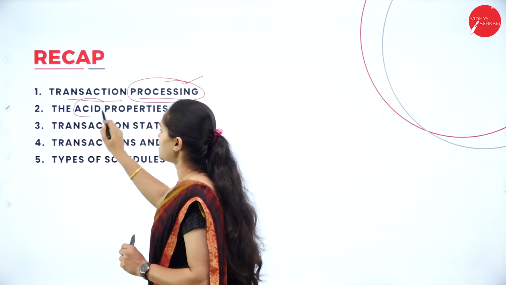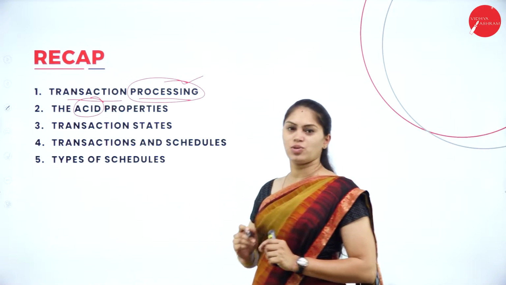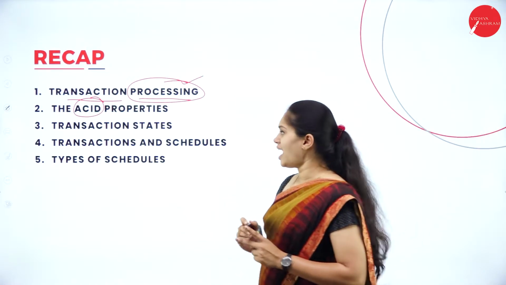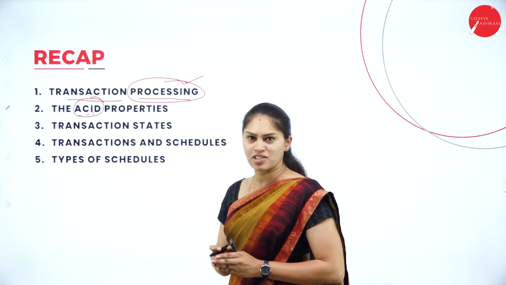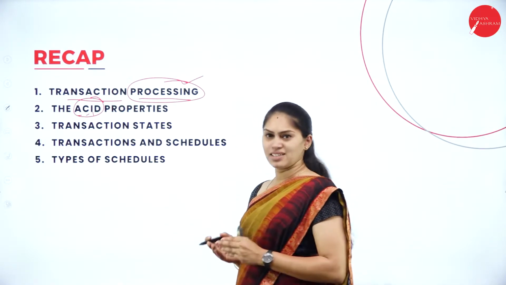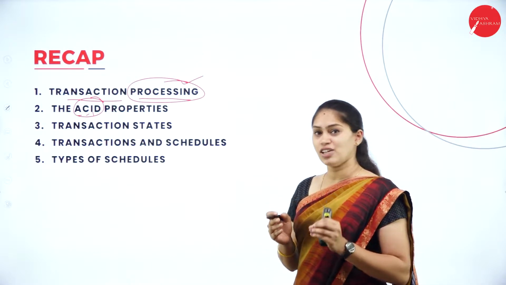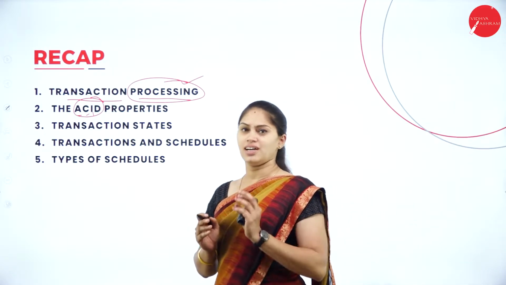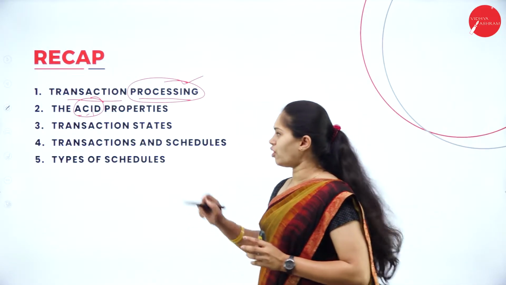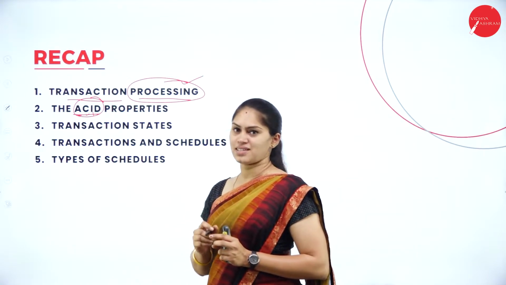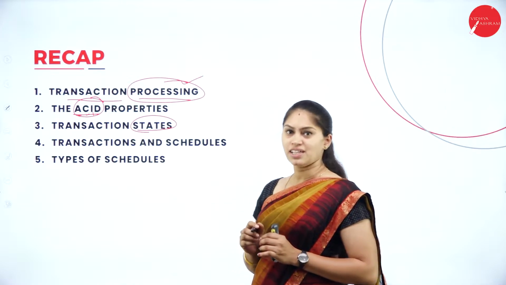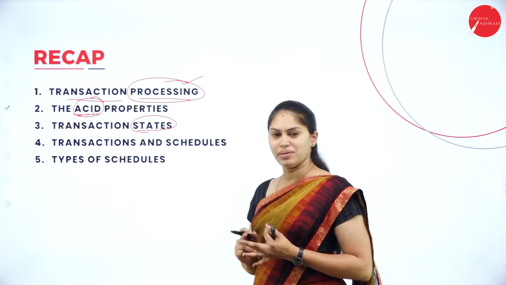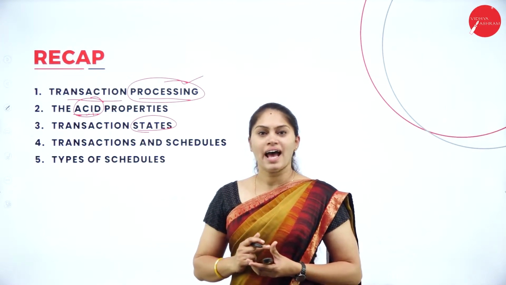We also discussed the ACID properties: A defines atomicity, C specifies consistency, I represents isolation, and D stands for durability. If I want to consider a transaction as an efficient transaction, then it has to follow these ACID properties. We also have the transaction states: active, partially committed, committed, aborted as well as failed.